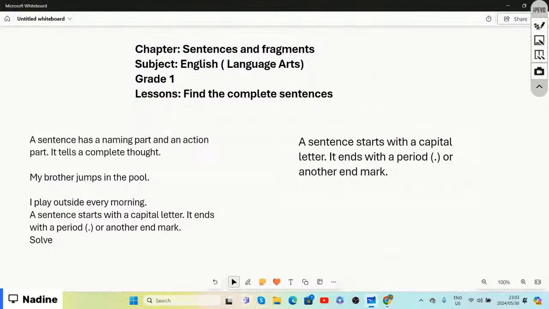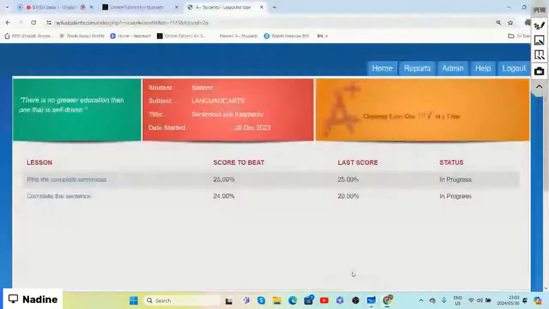And then we're going to scroll down until we get to the chapter of sentences and fragments.